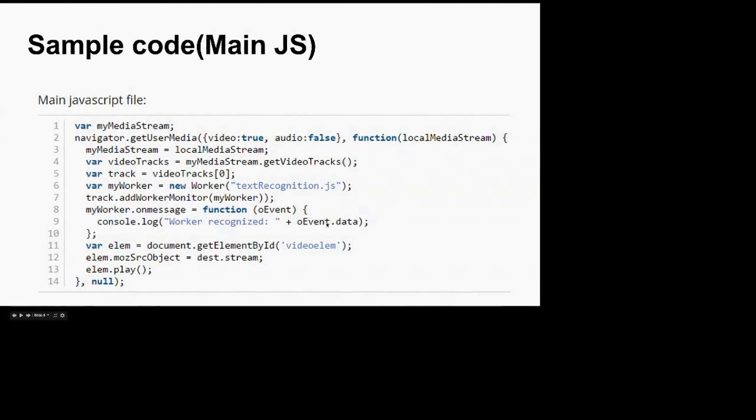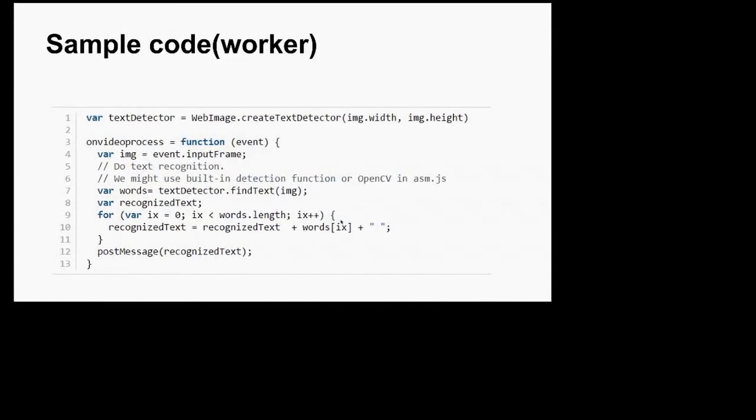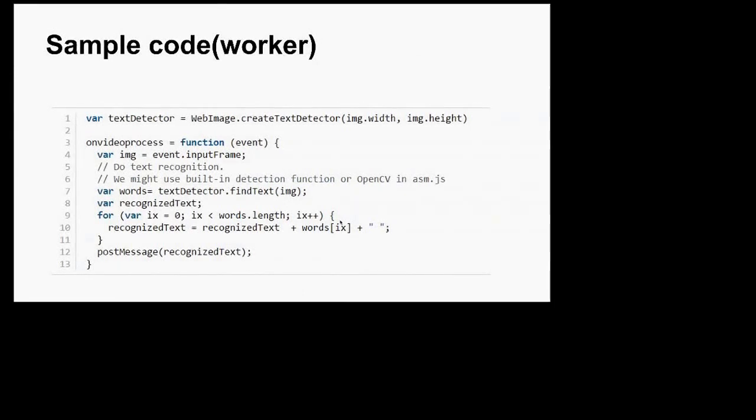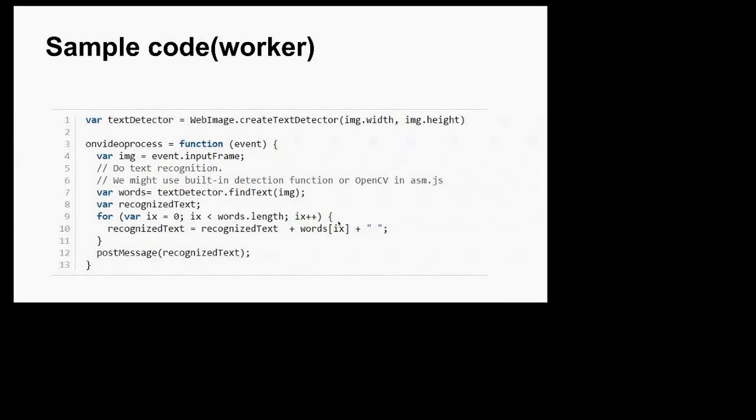On the worker side, create a text detector from web image in the event handler. Get the input frame from the event and pass it to the text detector to find the text and recognize the text. Then post the message to the main JavaScript file. Actually, we can compile tons of existing native image processing engines to asm.js and run those engines in the worker.